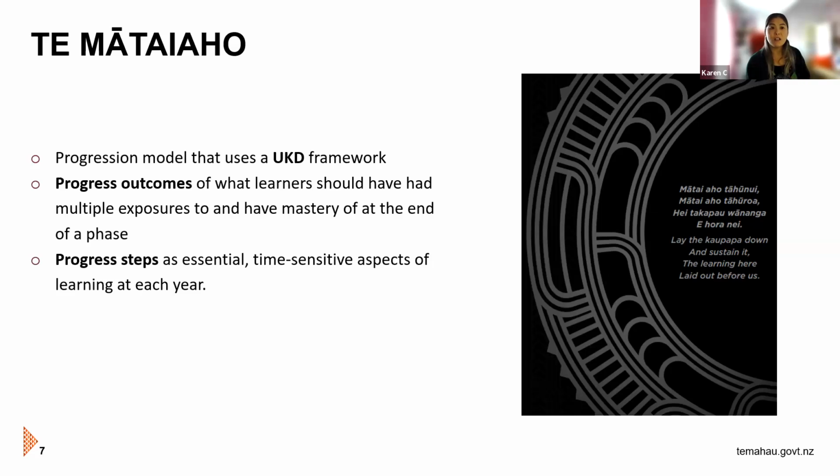The know part of the UKD framework is context, or in the case of mathematics and statistics, the content that bring those big ideas to life. And these step up at each phase. The do are learners developing practices that enable them to think and act as experts, in our case in mathematics and statistics. The do within Te Mātaiaho step up as well.